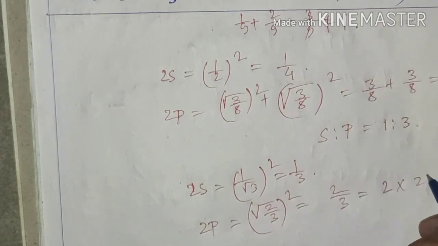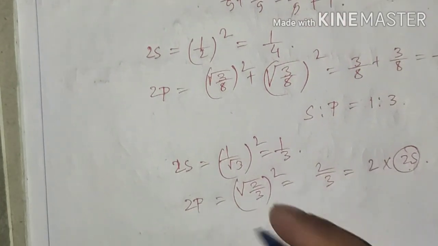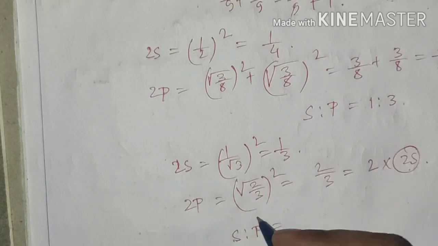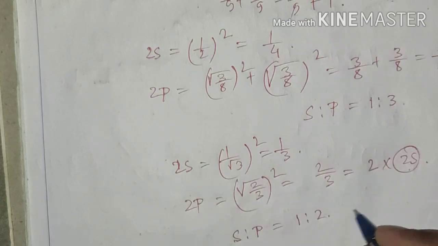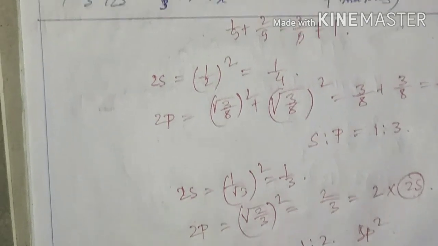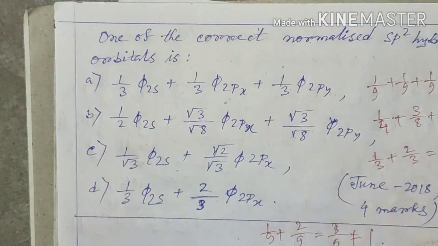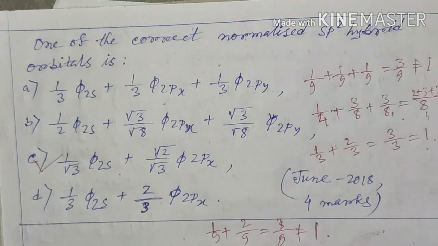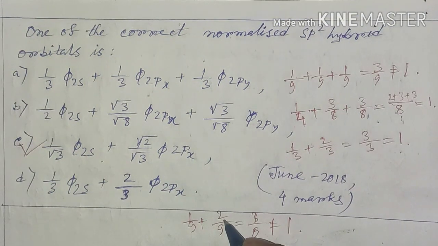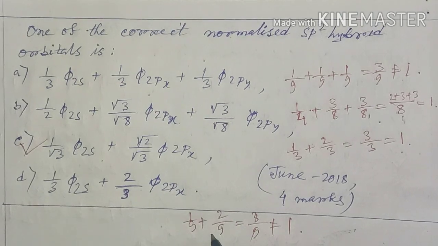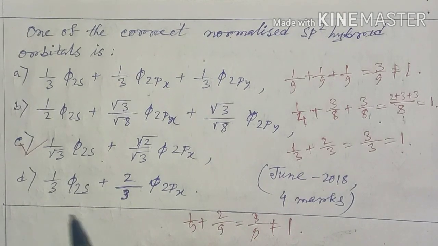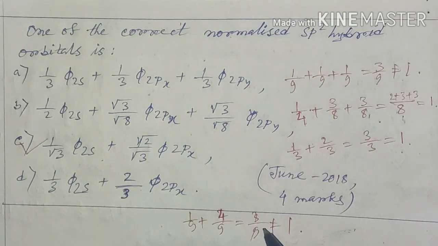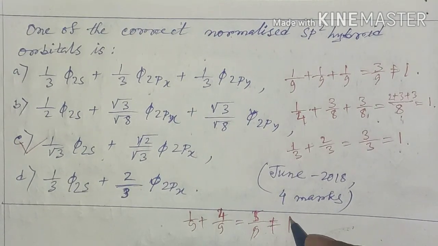It is equal to 2 times the 2s character, and for this hybridized orbital the ratio of S and P character is 1 to 2, that means sp2 hybridized orbital. So we can say that this is the exact normalized hybrid orbital. Here there is some mistake in the contribution for this atomic orbital, and the contribution will be 4. Since we are taking the summation, it will be 5 and not equal to 1.